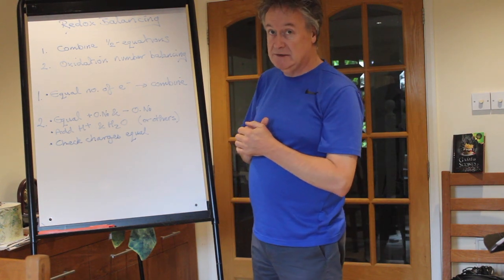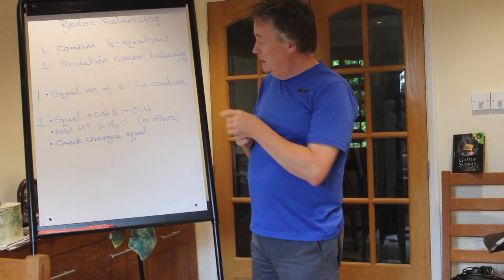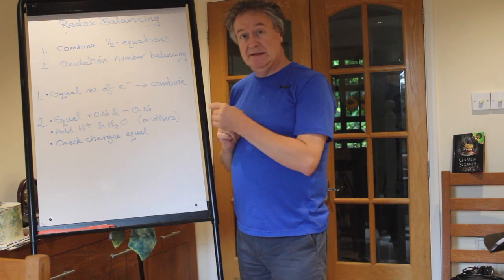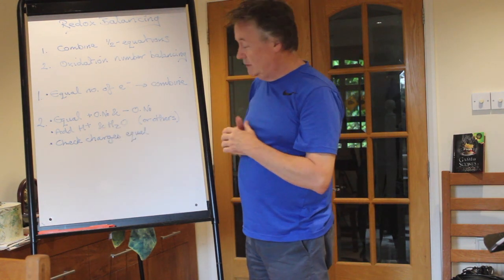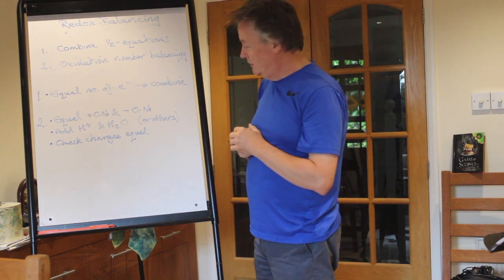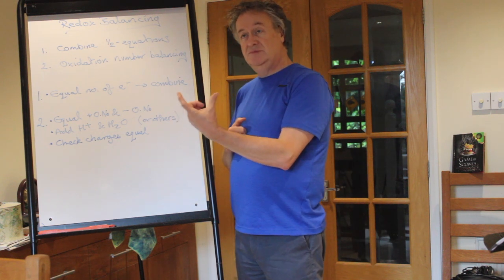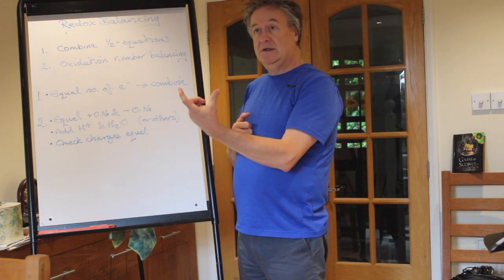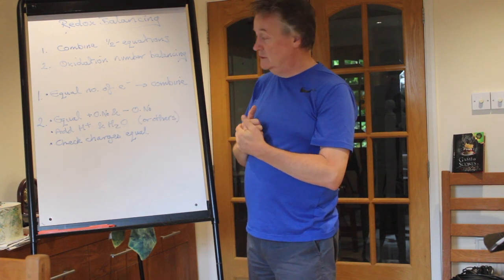Hydroxide ions are the next on the list of things that you use, but occasionally other things. Not likely to see the other things. Almost all A-level ones are water and H+ to massage the left and right to get them to equal. And you do a little check at the end that you've got a total charge on the left identical to a total charge on the right, and therefore you haven't lost electrons on the way.